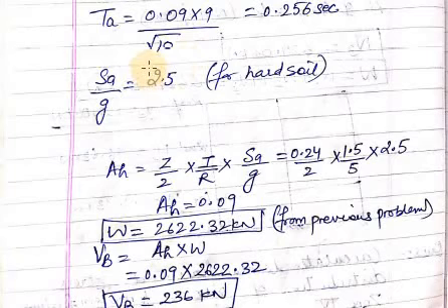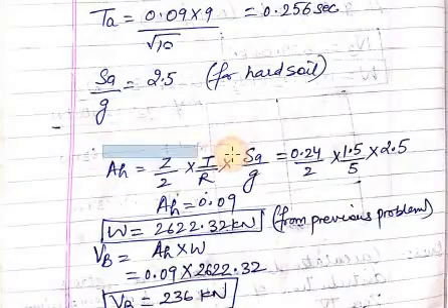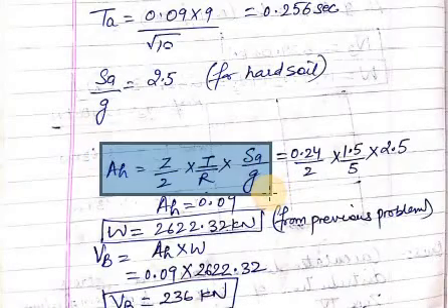As we have the value of Sa upon g as 2.5, we can use this formula to calculate the value of Ah, which is our horizontal acceleration coefficient. The formula is Z by 2 into I by R into Sa upon g.